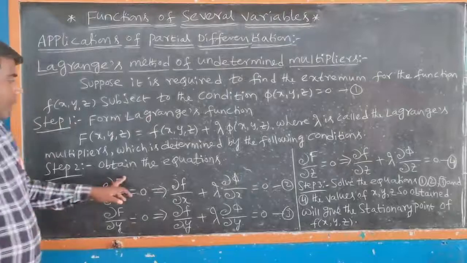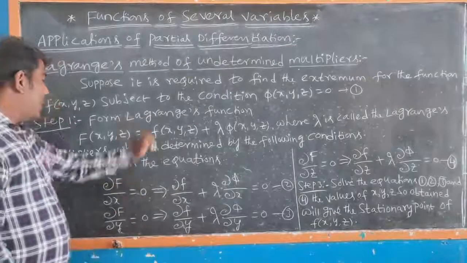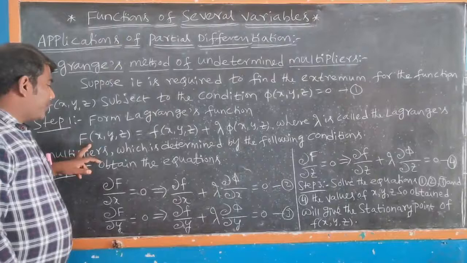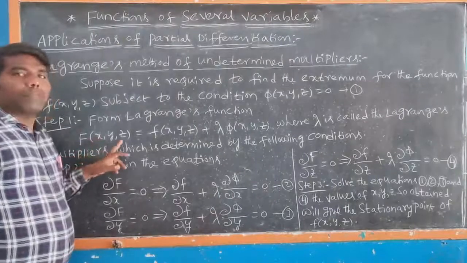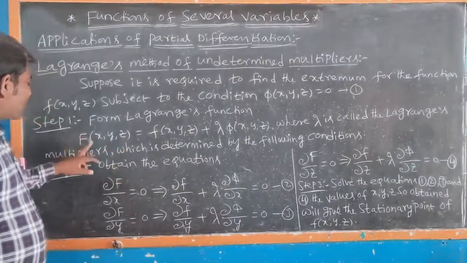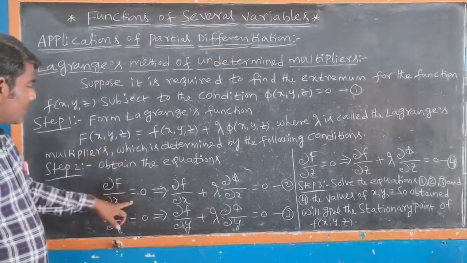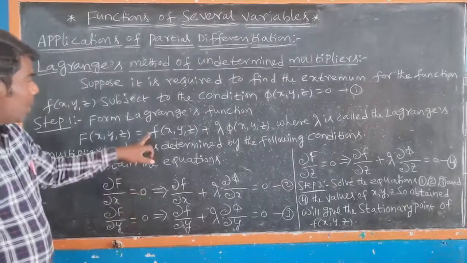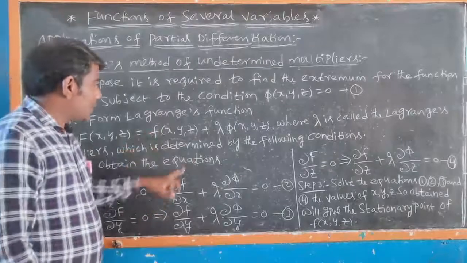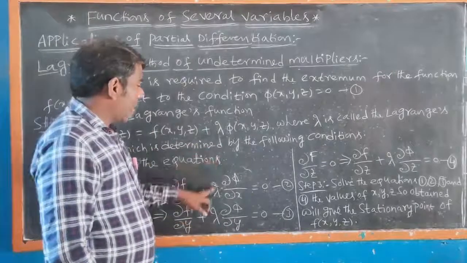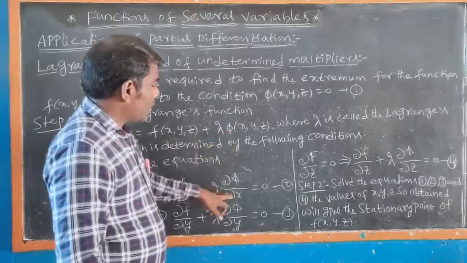Step 2: Obtain the equations. Capital F with respect to x, dou F by dou x is equal to 0. That implies dou small f by dou x plus lambda dou phi by dou x is equal to 0.